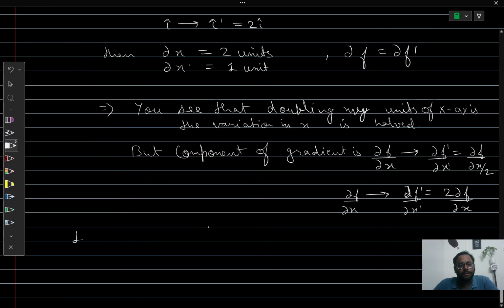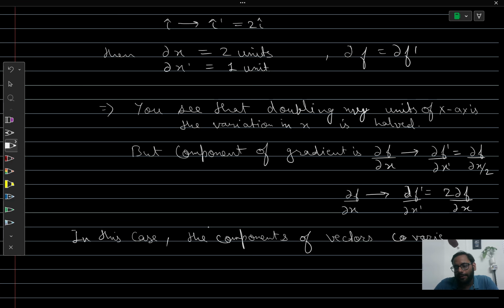So in this case, you see the components of the covariant vector are doubled, or say increased, with the increase in unit vectors.